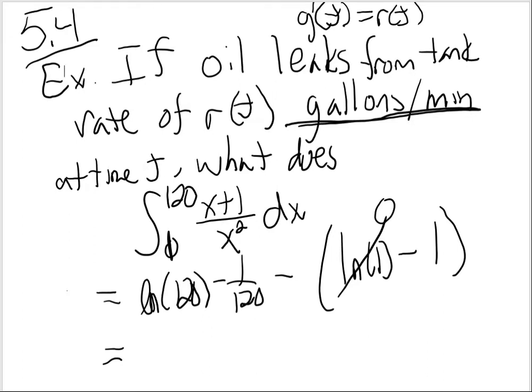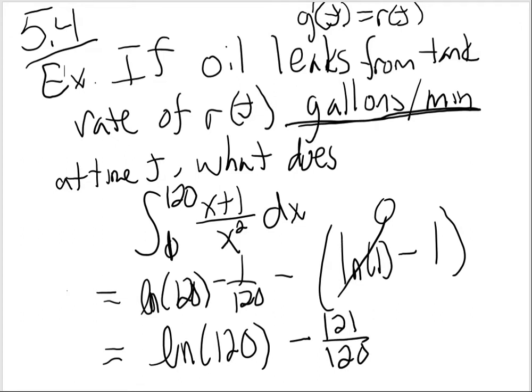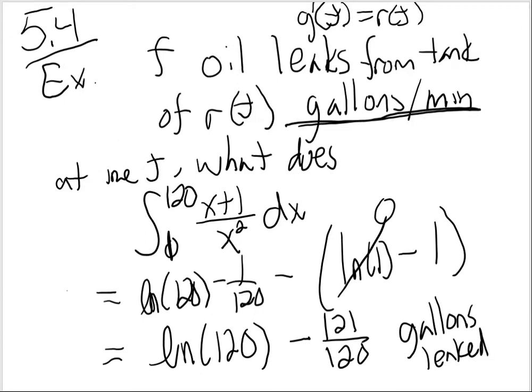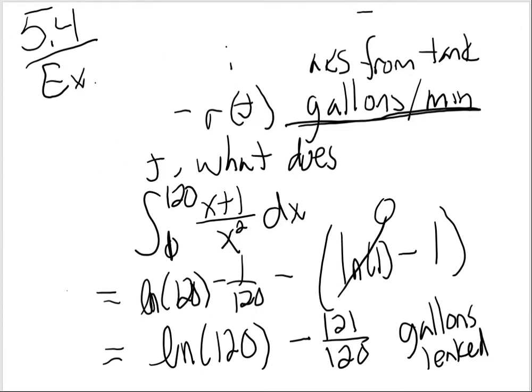Or natural log of 120, which is some number, it's not a nice number, but it's a number, minus 121 over 120. And that gives us what exactly? Well, from what we said before, this gives us the gallons leaked. Okay, that's how these net change problems go.